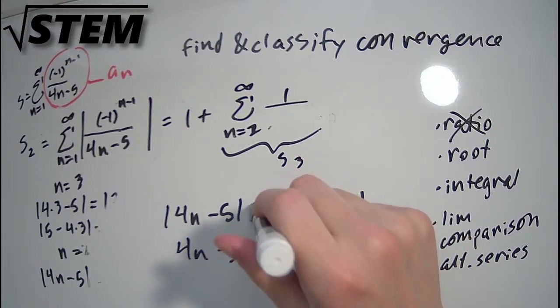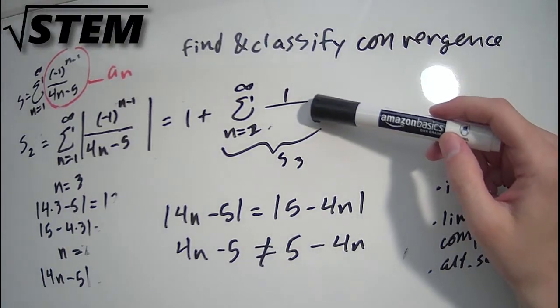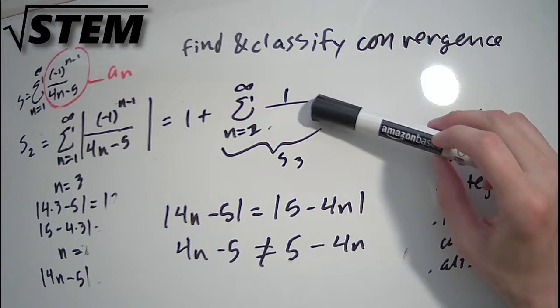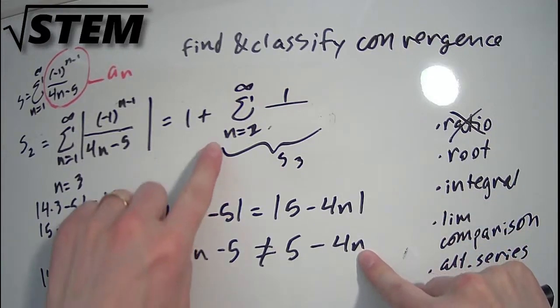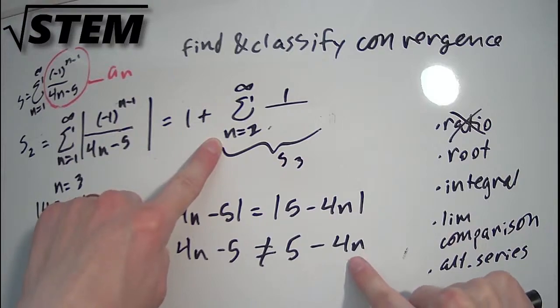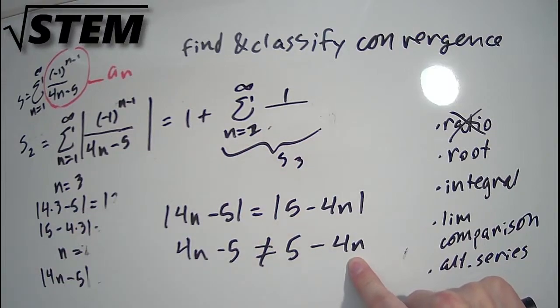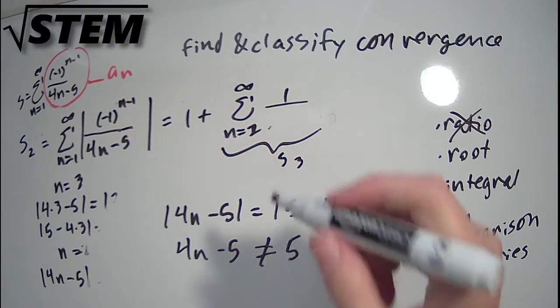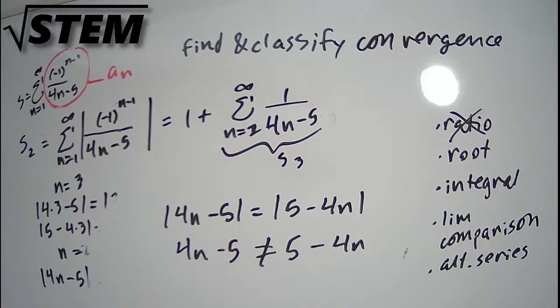This is definitely true, but I don't think we can then just do the series using 5 minus 4n and no absolute values, because then we'll immediately have 5 minus 8 and we'll get a negative number here, which is not what we want. So I think we do still need to work with this separately and just peel off the n equals 1 term and take its absolute value.